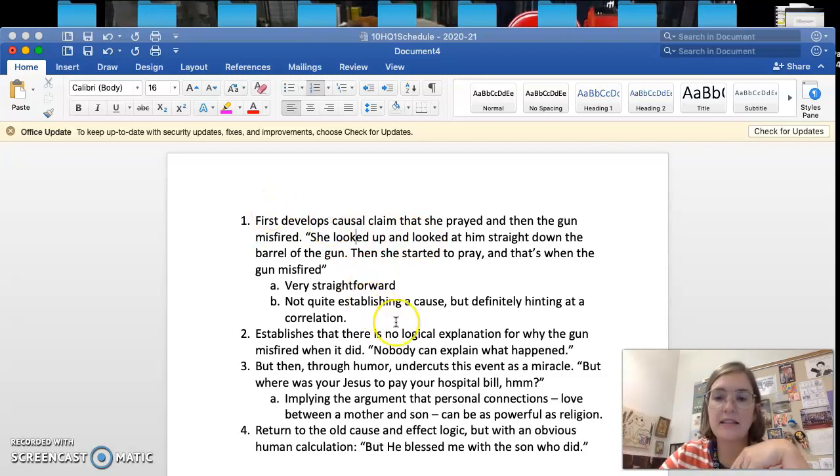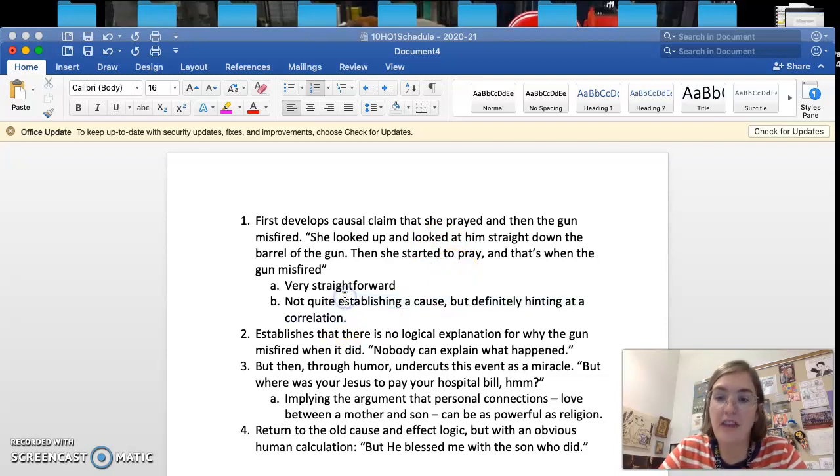And it's not necessarily saying that this happened because something else happened. It's not saying the gun misfired because she started to pray. It just sets up the series of events and then implies a causal argument that one thing caused the other. If you've ever taken a statistics class or heard about logical fallacies, you might know that correlation does not necessarily mean causation.